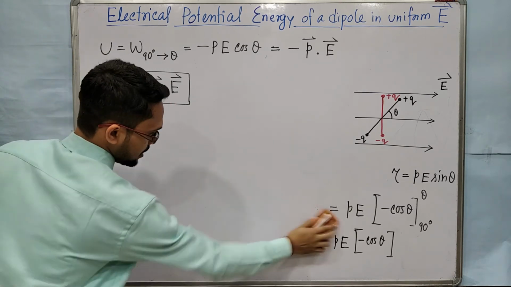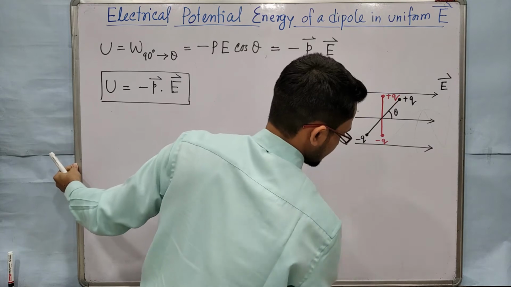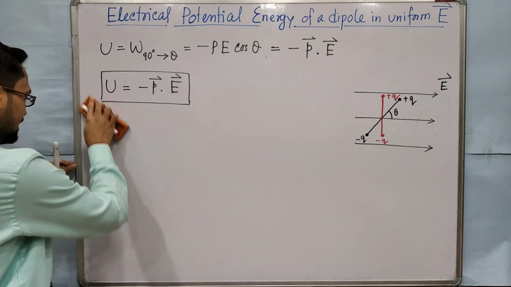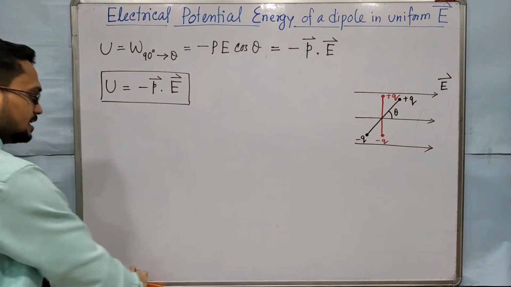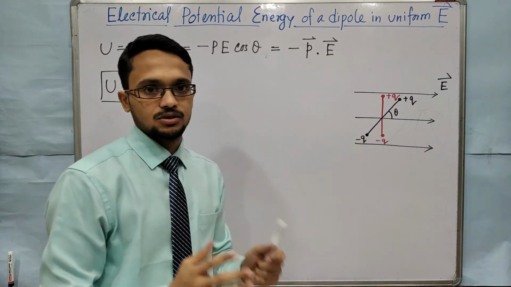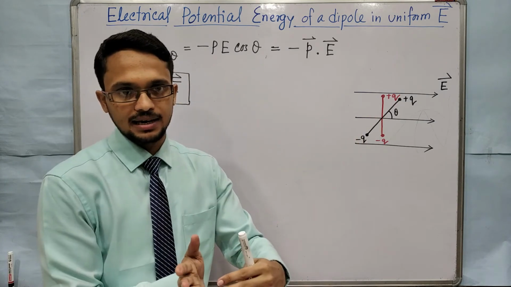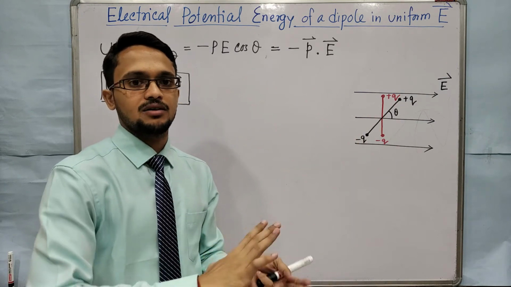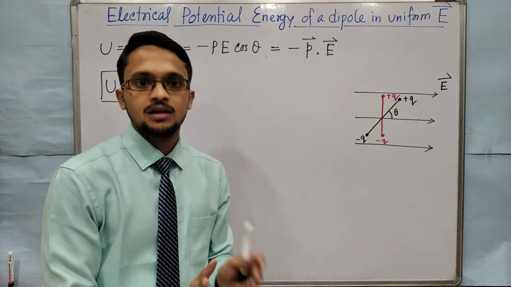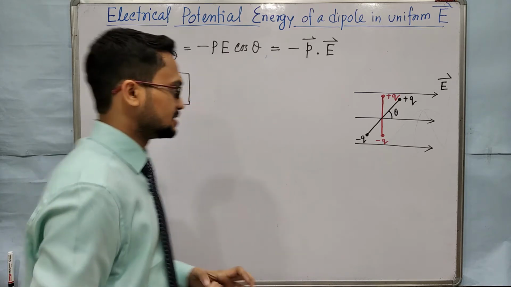Now, this electric field, we know that this is a conservative field. In a conservative field, if we want to rotate this dipole from one angle to another angle, it will not depend on the path. It will only depend on the final potential energy and the initial potential energy.